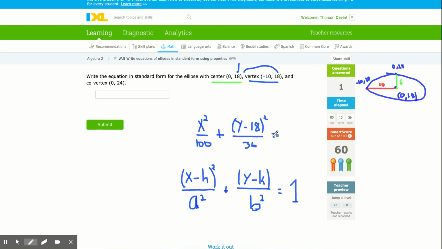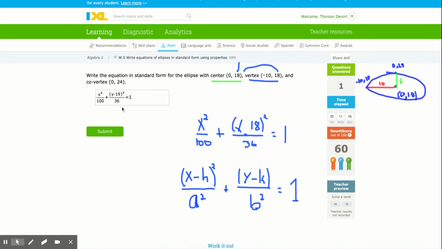And the reason the 36 is under the y is because the co-vertex corresponds to up and down. The major axis corresponds to left and right. So the A, which is the longer one, is always underneath the major one, which is x.